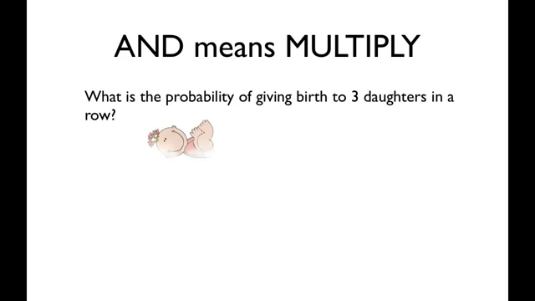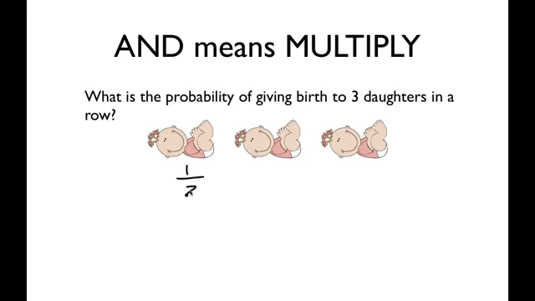All right, here's another one. What's the probability of giving birth to 3 daughters in a row? Now, the gender of any child is an independent event, even though you'll hear people say things like, oh, girls run in that family and so forth. But actually, every child is an independent event in terms of the probability of what gender the child is going to be. So the probability of giving birth to a girl is 1/2.